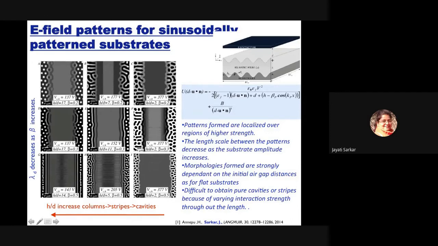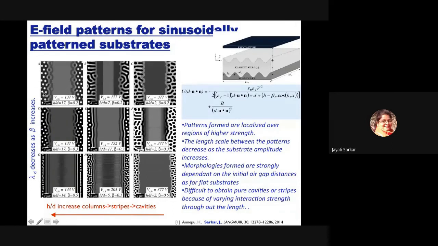So if we see this, it can be seen that, yes, depending on the h by d ratio, again one can go from columns, stripes to cavities, and at smaller patterns, while the patterns are very well ordered. First of all, it is not formed throughout the film.